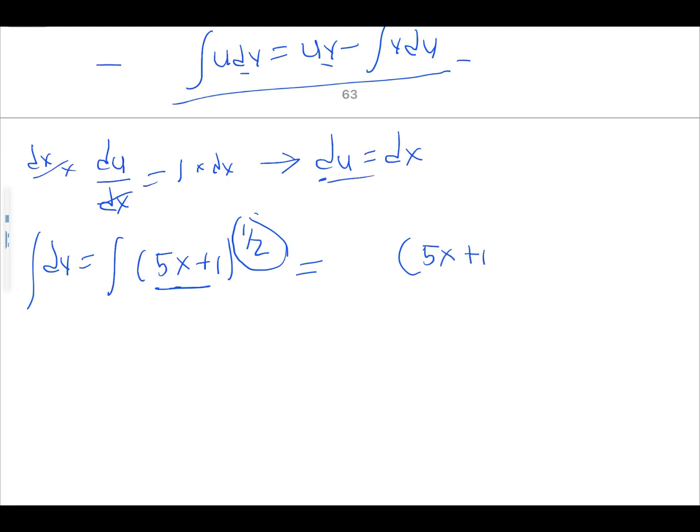So when we take the original function, we are going to get 5x plus 1 exponent 1 over 2 plus 1, over 1 over 2 plus 1, times the differential of 5x plus 1, which is 5. So this is what you have over here.